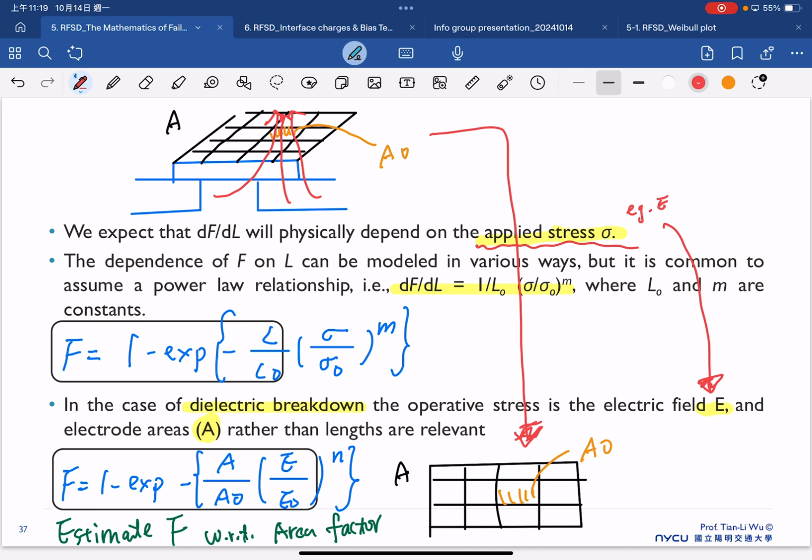So that still has the weak link. When we talk about TDDB later, we will talk about the area scaling, and we will use this concept again. By using this concept, we can scale our Weibull distribution with different area sizes.